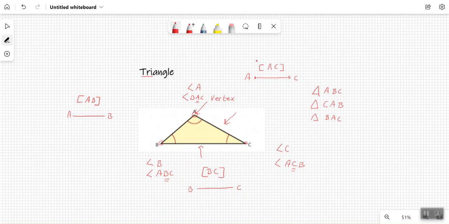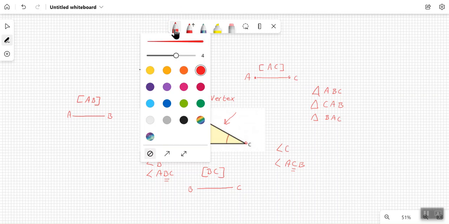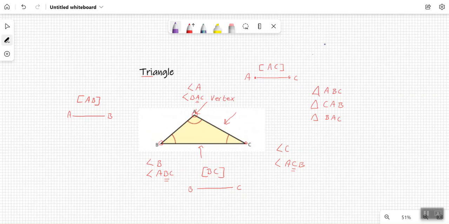So for example, if I was to take the angle A plus the angle B plus the angle C, if I add up these 3 angles, it has to add up to 180 degrees. So if I add this angle here, this angle here, and this angle here, they would all add up to 180 degrees.